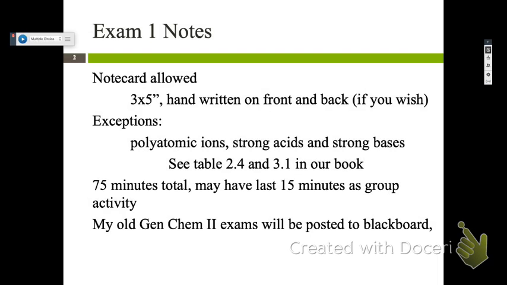Last thing. I don't want people to be anxious not knowing what my exams look like. So I posted 3 of the 4 first semester exams up there. They're in Blackboard under additional resources, I think. There's a folder there for Gen Chem 1 exams. I also posted my previous Gen Chem 2 exams from University of Delaware.